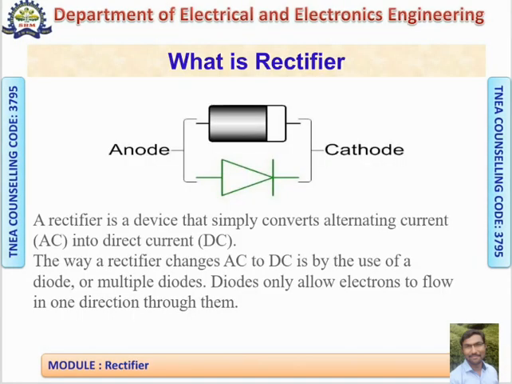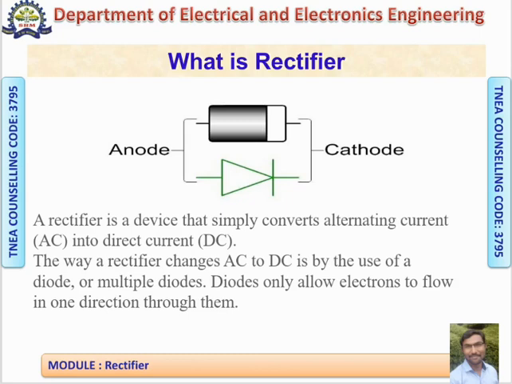Now we can see what is meant by a rectifier. A rectifier is a device that simply converts alternating current into direct current. The way a rectifier changes AC to DC is by the use of a diode or multiple diodes.